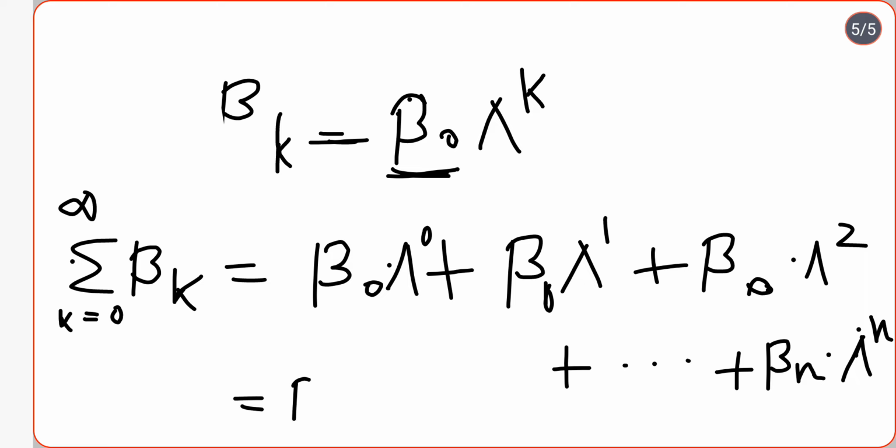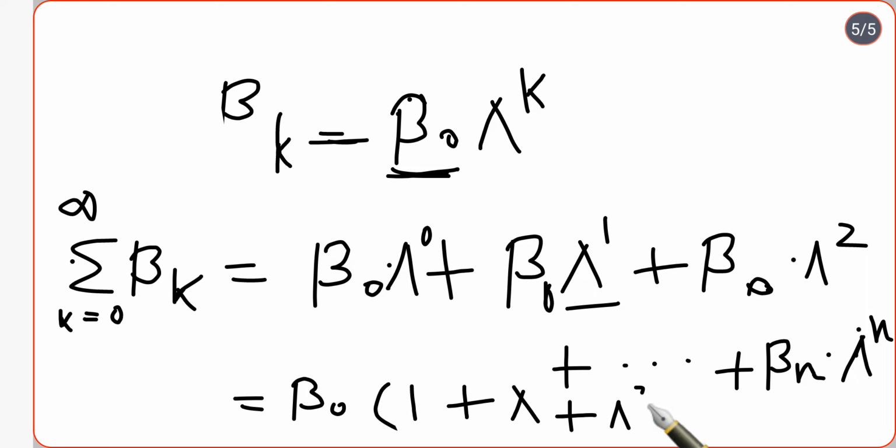So if I take beta 0 common out of all this, then we will have lambda to the power 0, that is nothing but 1. I can write 1 in place of this. So 1 plus lambda, lambda square, and it will continue up to lambda to the power n.